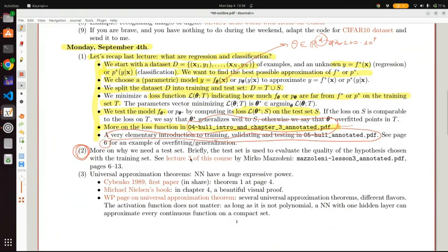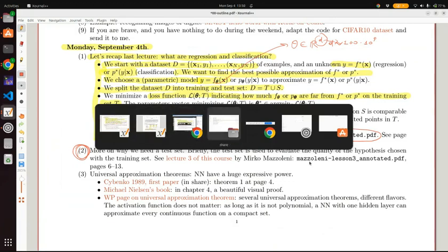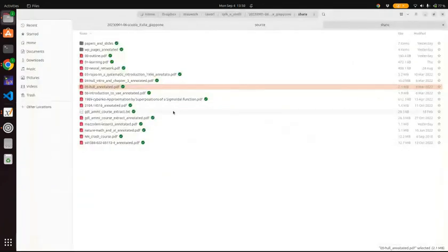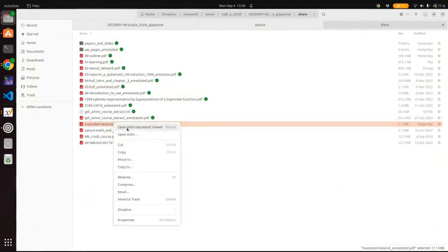So I have found slides of a nice course on statistical learning, and in lecture 3 that I have put in the share folder, there is something that I would like to show you. So here, okay.